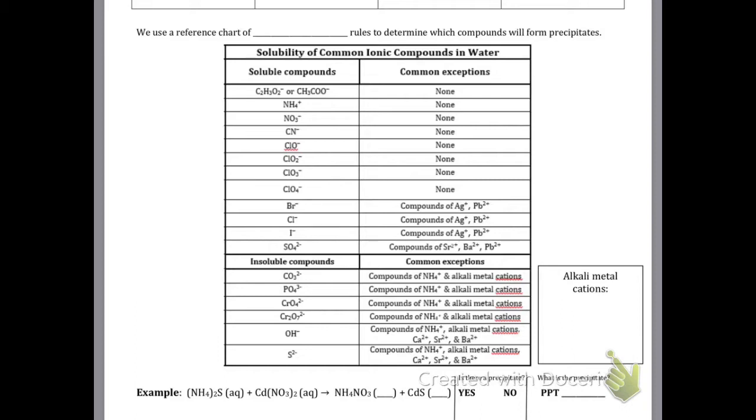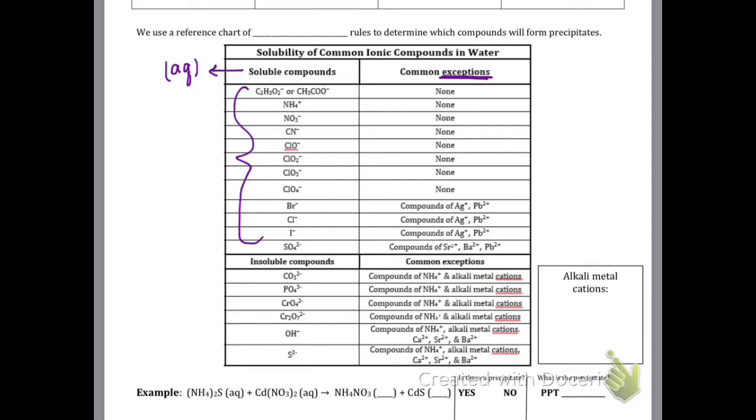So let's make some little side notes of how to read this chart, okay? So here's your solubility rules, okay? Remember that soluble means it's an aqueous substance, okay? Something is aqueous. Okay, so this whole list of little compounds here, if you see any of these compounds inside or inside a larger compound, you will have an aqueous solution, okay? Now, it does have common exceptions, okay?